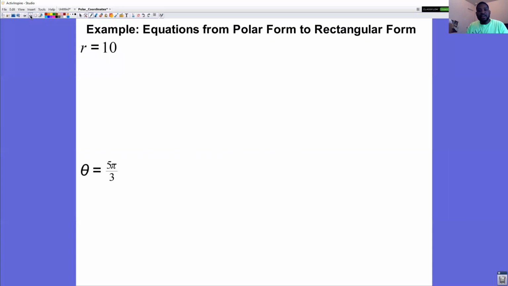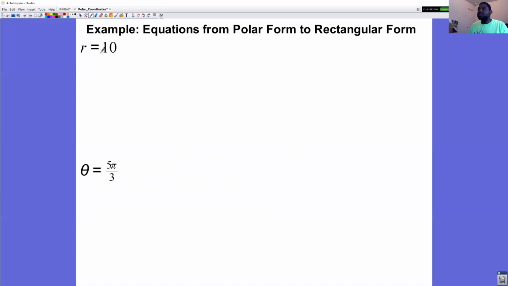And then once we convert it, what we have to do is identify the graph and write down certain characteristics of the graph. So this will require you to have some background knowledge about several types of conics and several types of functions that you dealt with from algebra.